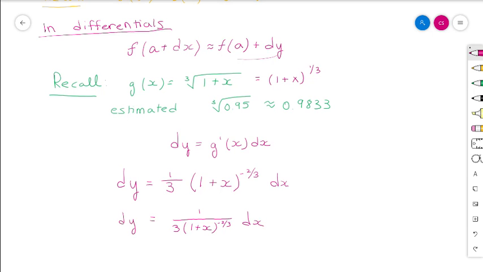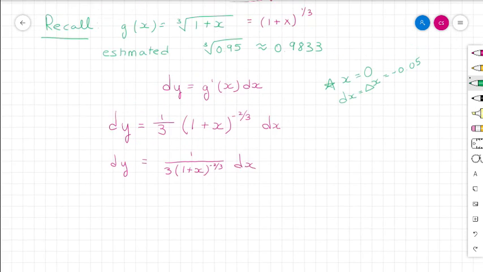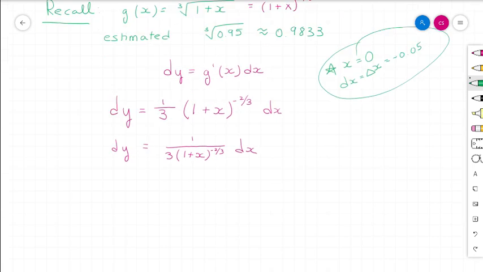Okay, and then in this scenario that we had up here, let's remember that we let x be 0, and we let the change delta x, but remember delta x and dx are the same thing, equal negative 0.05, because that's how we're going to get down to 0.95. This stuff was already established in the previous example.